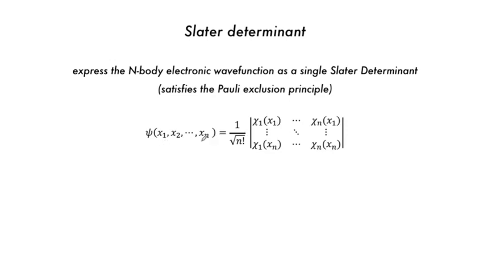So if there are n bodies, there are going to be n positions, where n is equal to 2, 3, 4, whatever. If there are going to be 5 particles, for example, there would have to be 5 different potential positions, which means each individual electron wave function can exist in up to 5 different positions.